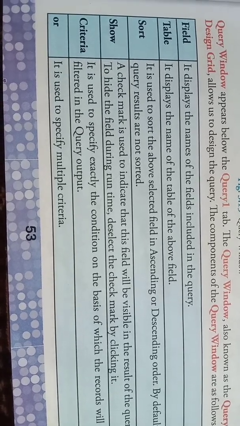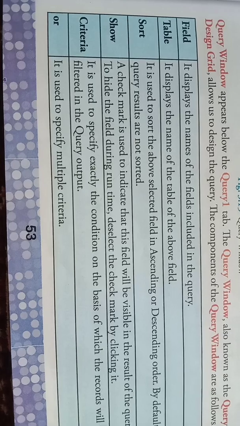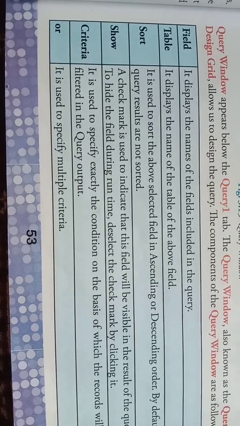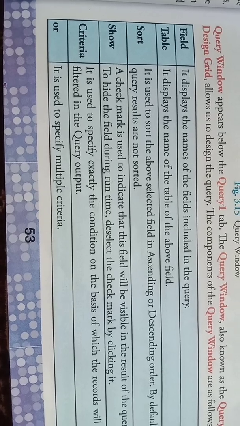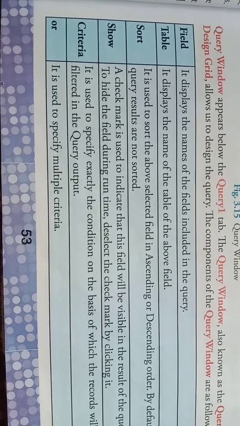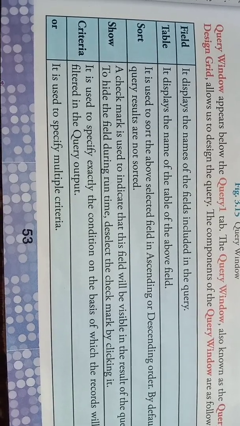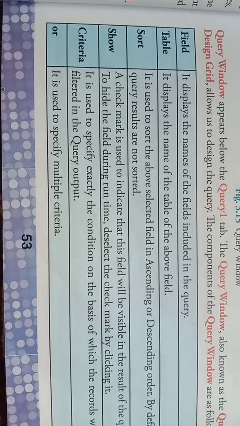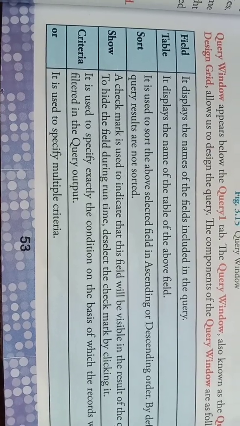And this one is the criteria. And Or: all of you know that many times you have seen this Or option. The Or option comes in your exam also. When two questions are there, you have one option. It is used to specify multiple criteria. You have multiple options with you, and you have to choose one of them.